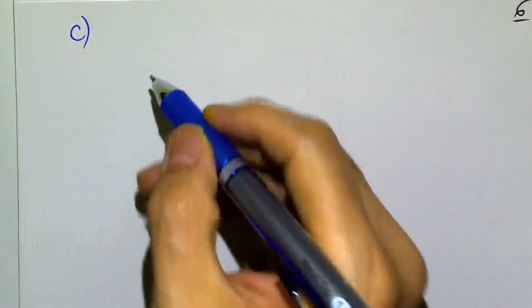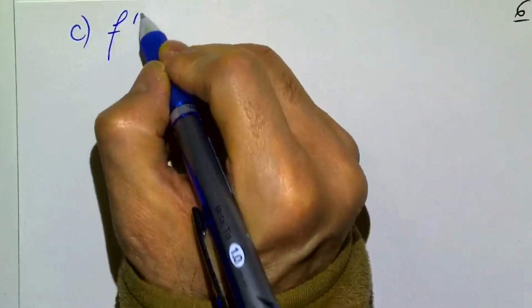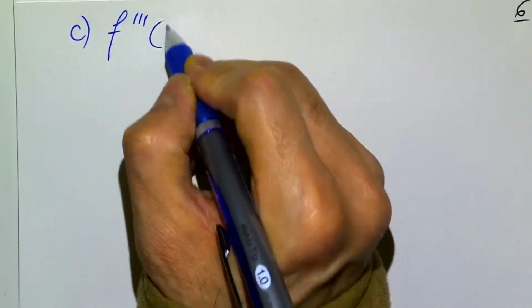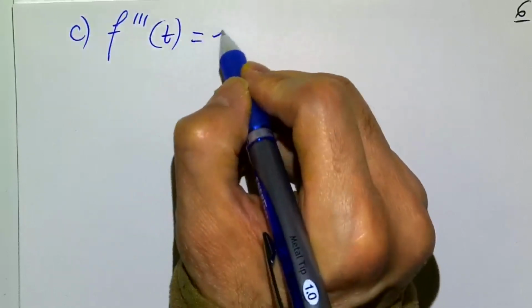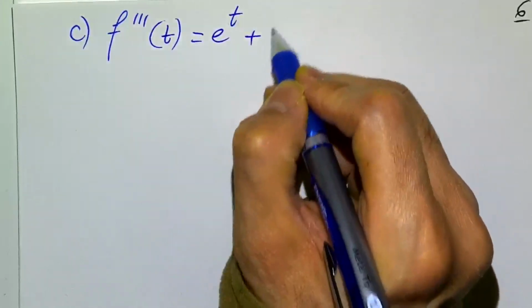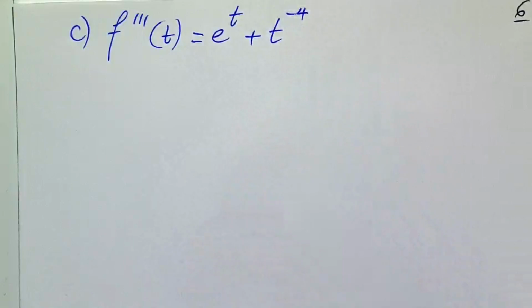So let's do more examples here. And that one was B, I think. Yeah, so this would be C. Suppose we have f triple prime of t equals e to the t power plus t squared minus 4 power.